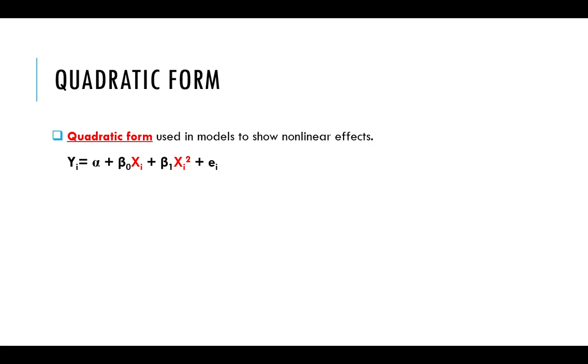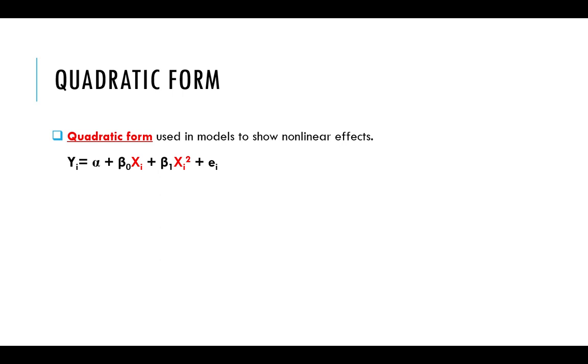X squared is that quadratic portion. This is where we're capturing the part about it not being a straight line. Is it increasing at an increasing rate? Is it increasing at a decreasing rate? Again, if x is negative, then it's decreasing. It could be decreasing at an increasing rate or decreasing at a decreasing rate.